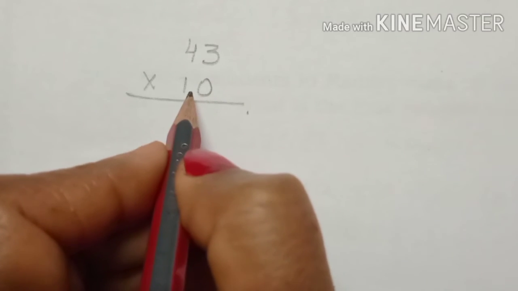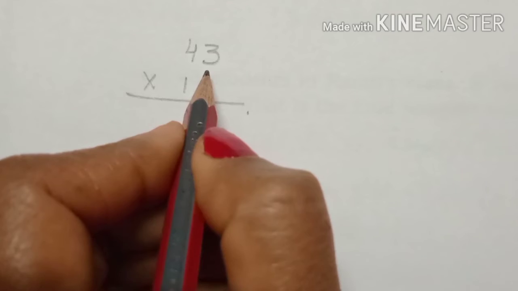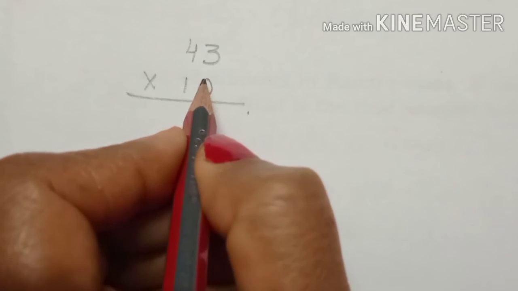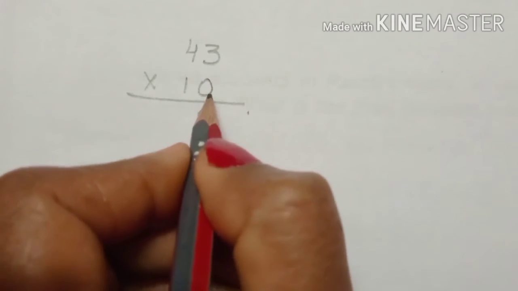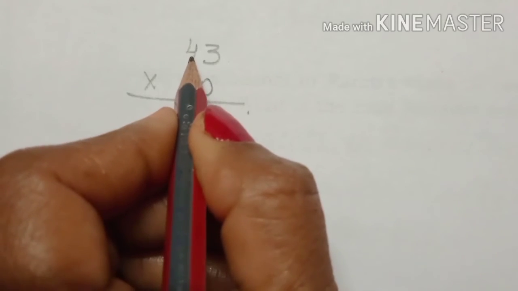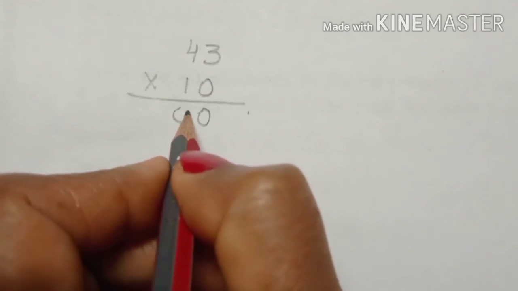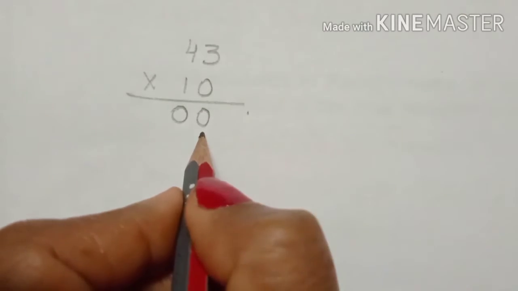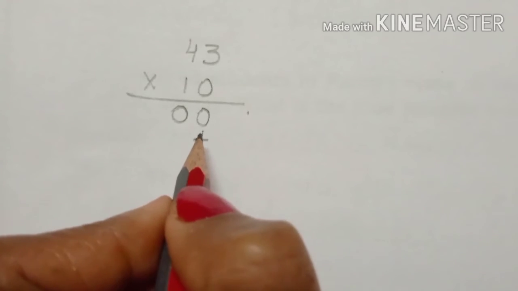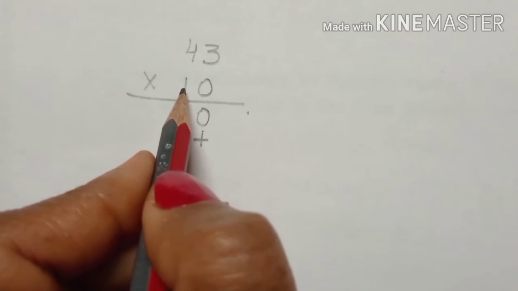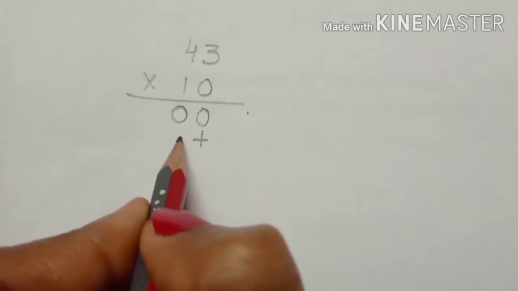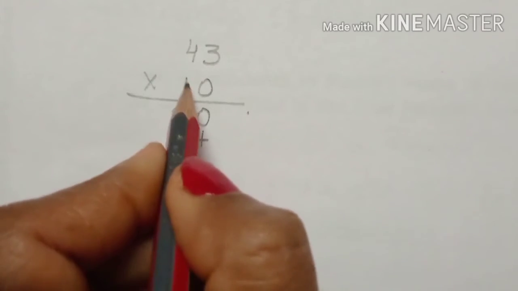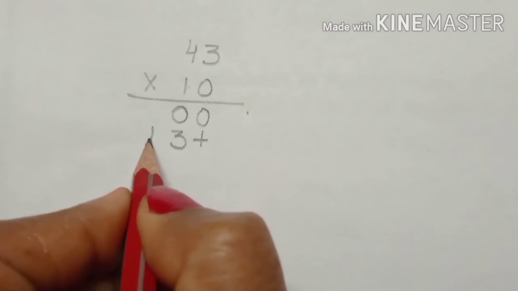First of all, we multiply in units. 0 into 3 is 0. 0 into 4 is 0. Leave it ones place. After we multiply by tens. 1 threes are 3. 1 fours are 4.